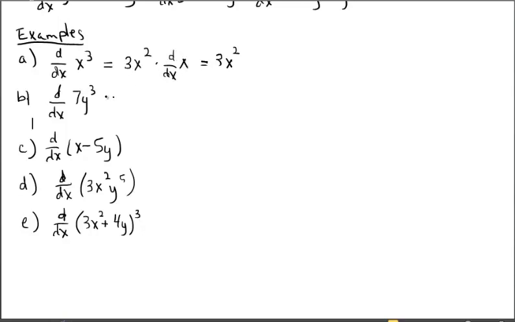All right, example B. What do we have here? We have disagreement. So chain rule, derivative of the outside function, 21y squared times the derivative with respect to x of the inside function. So the outside function was 7y cubed, the inside is y, times the derivative of y with respect to x.